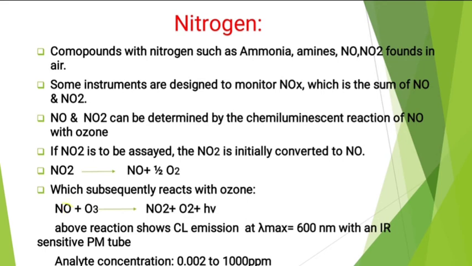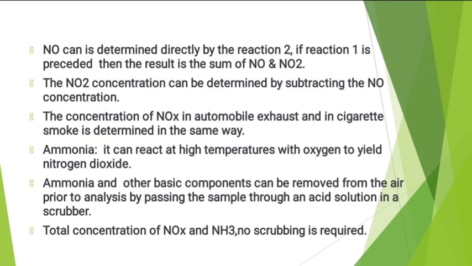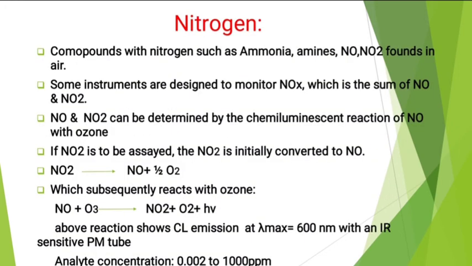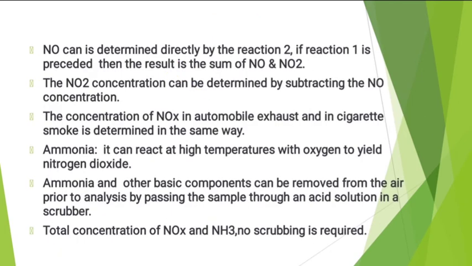Here, the amount of NO is directly determined by equation 2. When reaction 1 is followed, initially we have to convert NO2 into NO, and then this NO reacts with ozone, and after reacting with ozone there is a formation of the products and the emission of light at 600 nanometer.